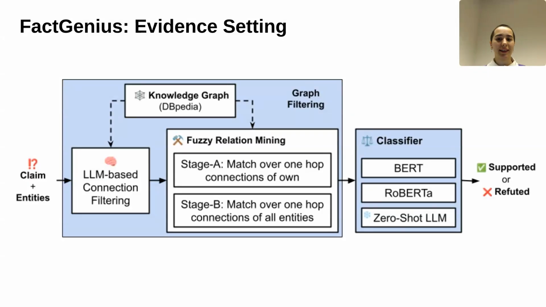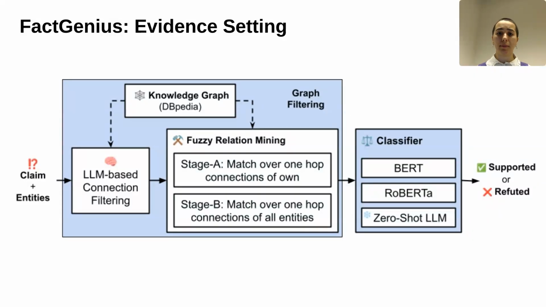Now, this is the diagram of the system that we developed in order to address this problem. And we mainly have two components. Component called here the graph filtering component, which selects the part of the knowledge graph that is relevant to the input claim.